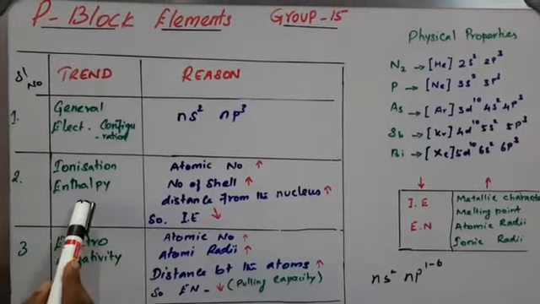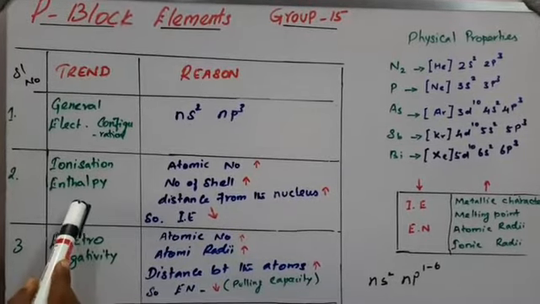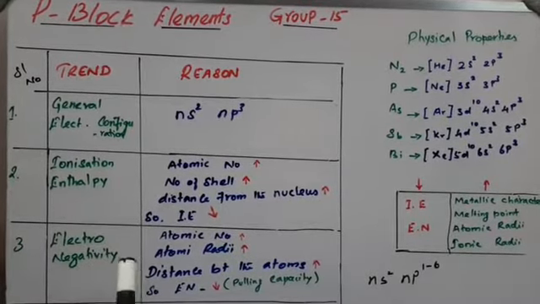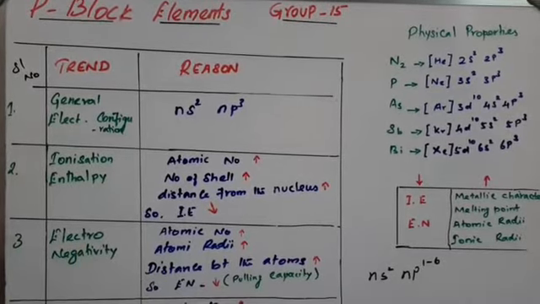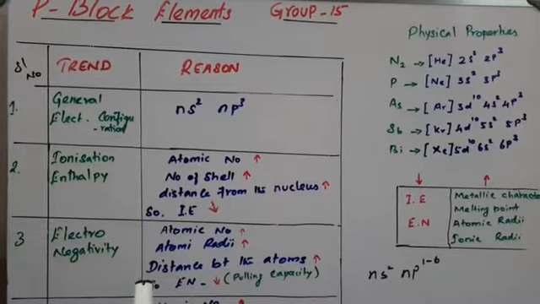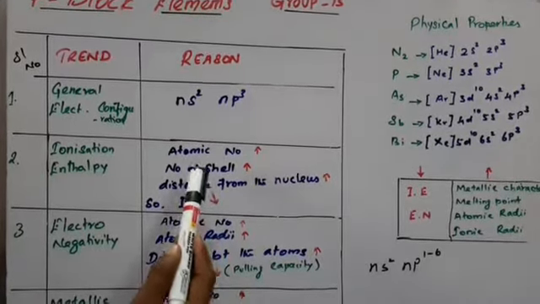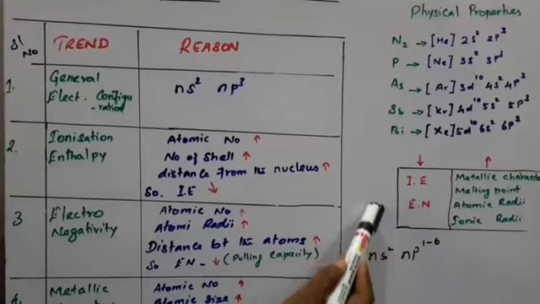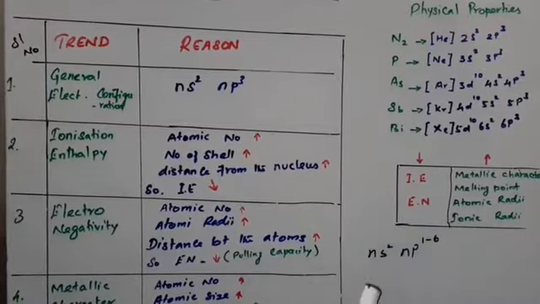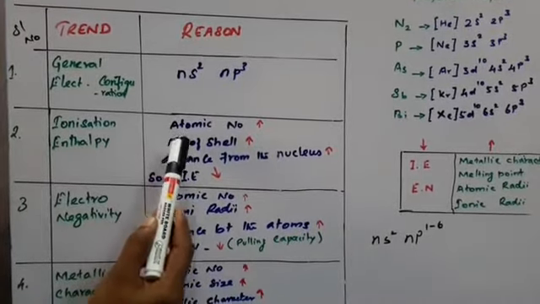Ionization enthalpy. First of all, students, what do we mean by ionization enthalpy? Ionization enthalpy means the energy required to remove one electron from the last shell or the valence shell. Here ionization enthalpy completely decreases down the group, so the metallic character increases. Why does it decrease?